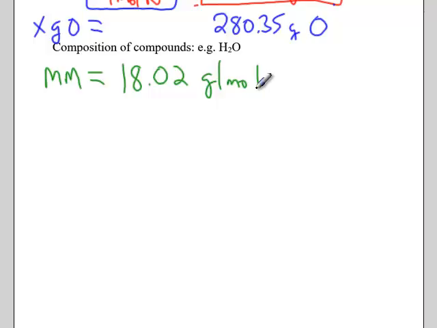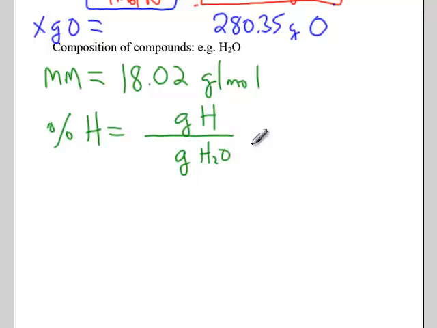If I asked you what percentage of water is hydrogen, the percentage by mass that's hydrogen would be the mass of the hydrogen divided by the mass of the total, which is water, and then multiply by 100%. Well, we know from our calculation the mass that the hydrogen contributed was 2 times its value from the table, 1.01 grams per mole.